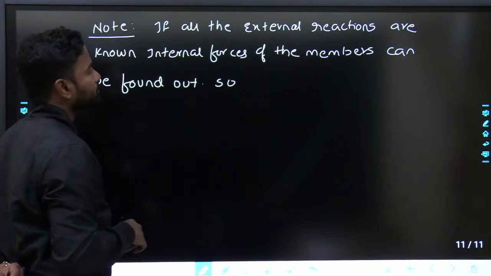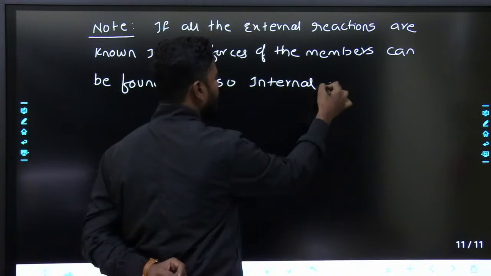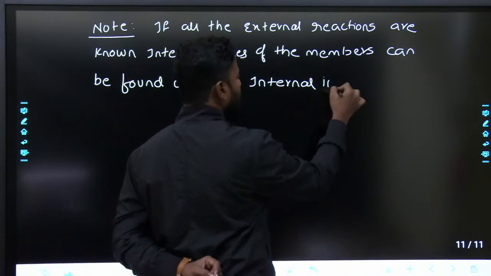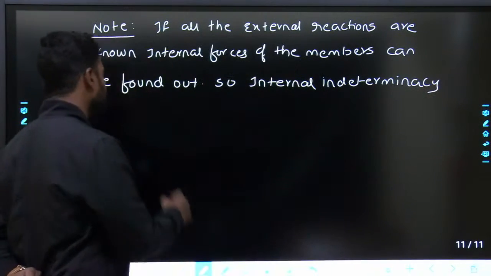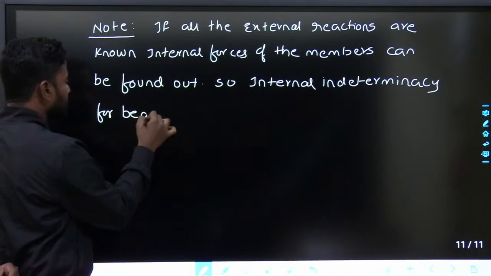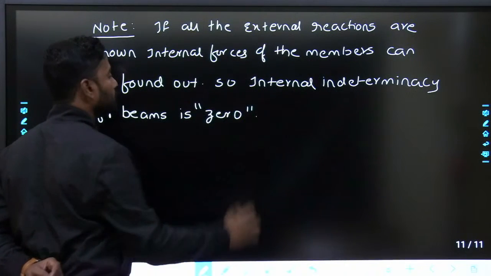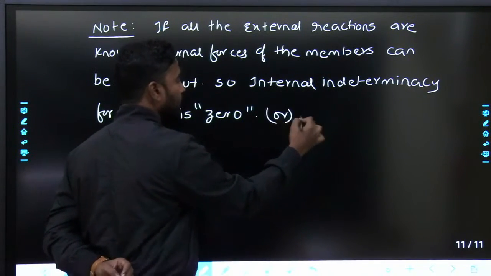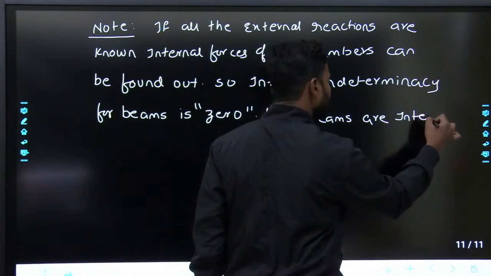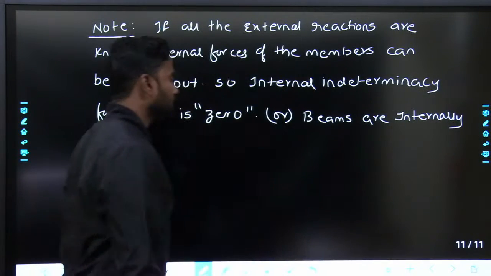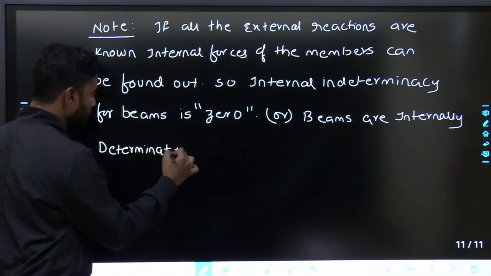So internal indeterminacy for beams is 0, or we can say that beams are internally determinate.